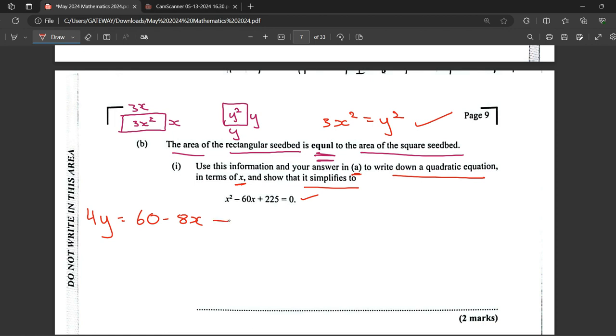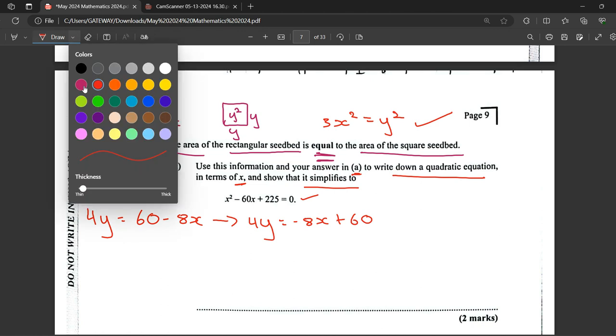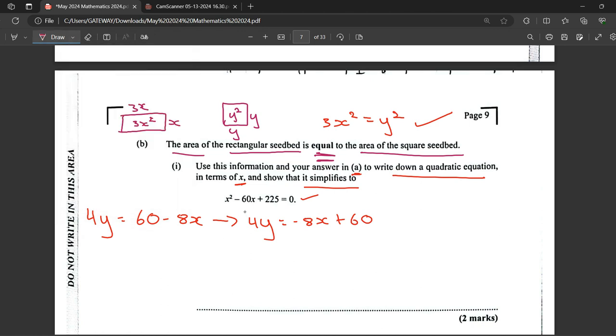But I really want my x after the equal sign, so I'll say 4y is equal to negative 8x plus 60. But I know what y squared is, so I'm trying to get y squared here. How do I get y squared? I could square both sides.